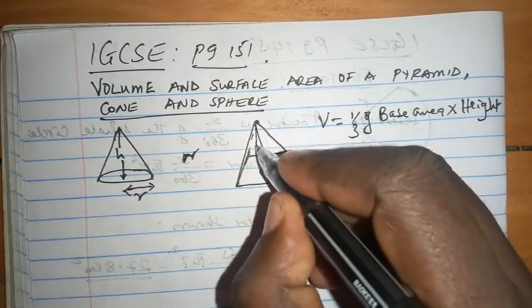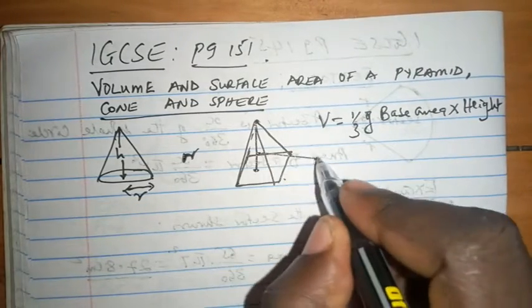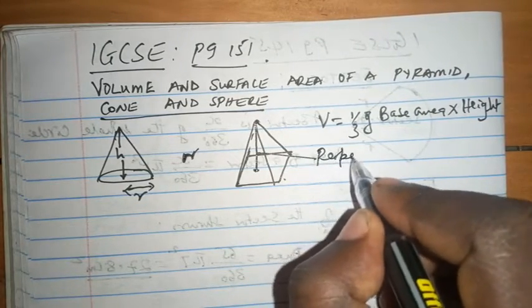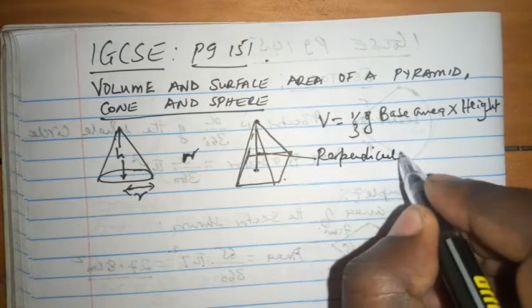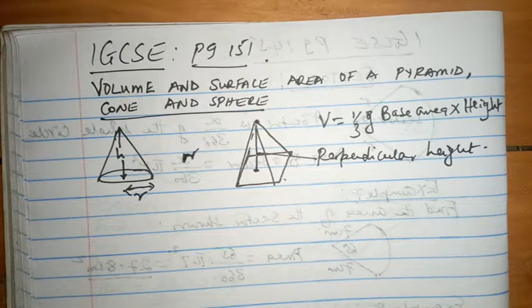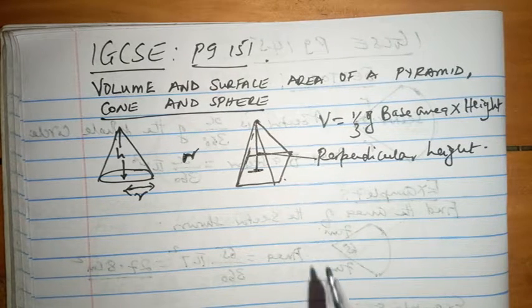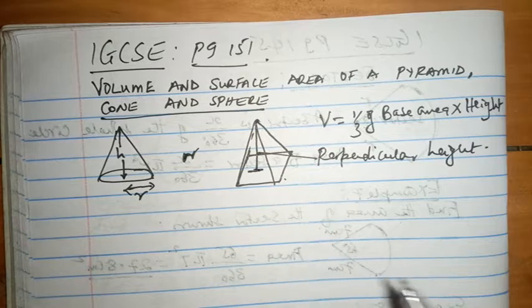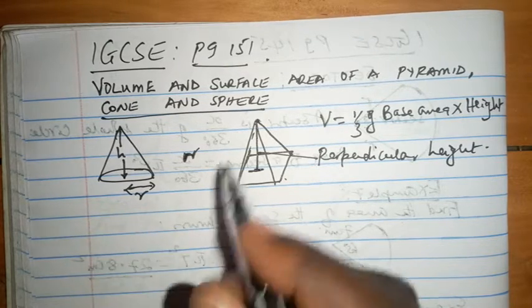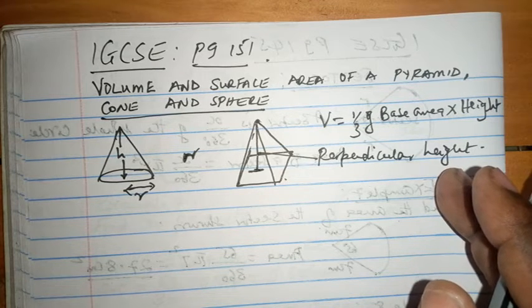This is the perpendicular height I'm talking about, which makes an angle of 90 degrees with the base. In each one of them, a third base area times height gives you the volume.